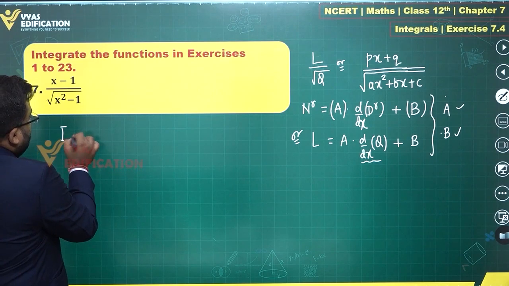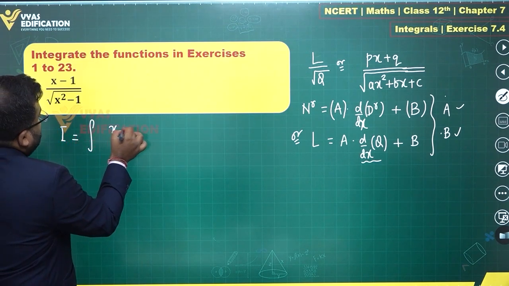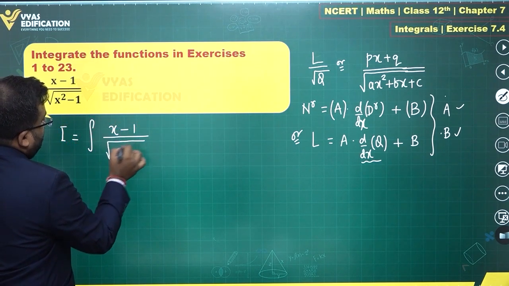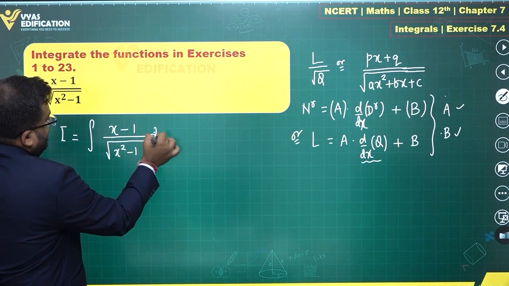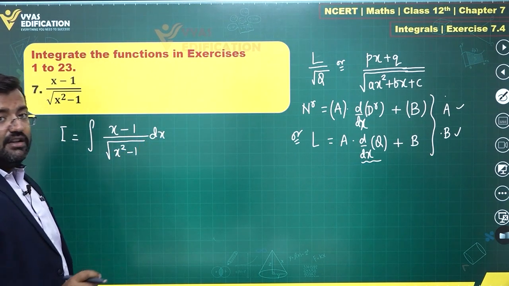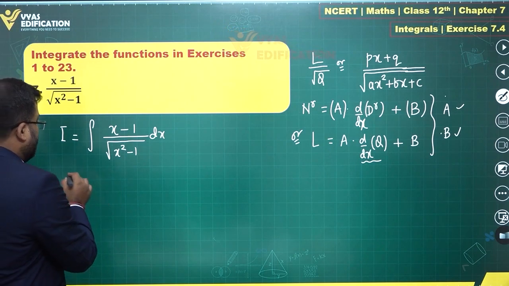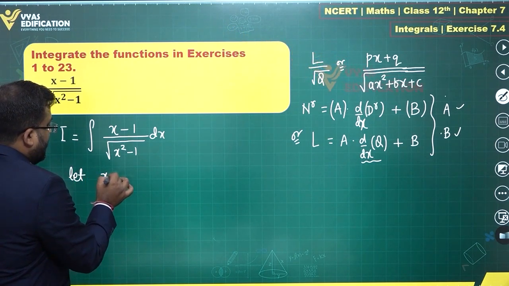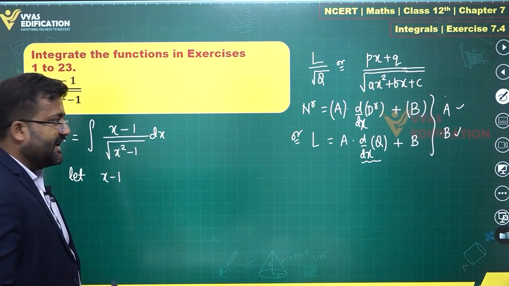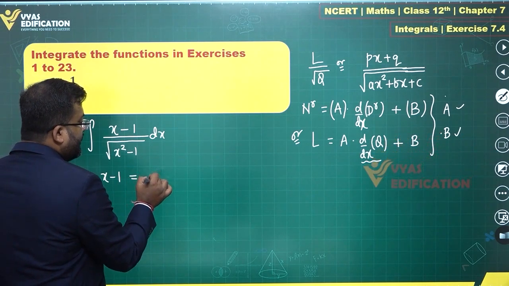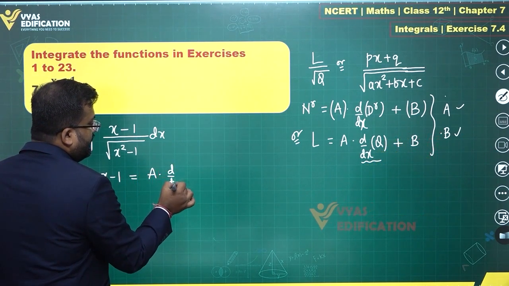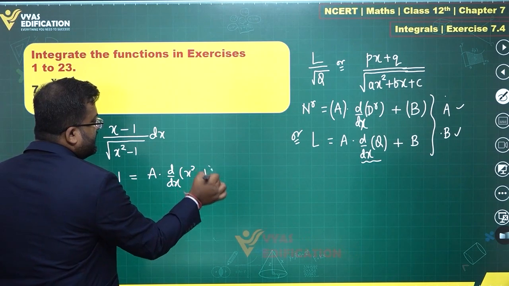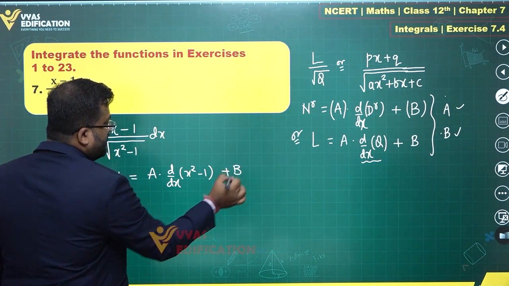I is equal to integral of (x minus 1) upon under root of (x square minus 1) dx. This is a quadratic in the denominator, and this is the numerator. So we'll use the form: x minus 1 is equal to a times the derivative of x square minus 1, plus some other constant b.